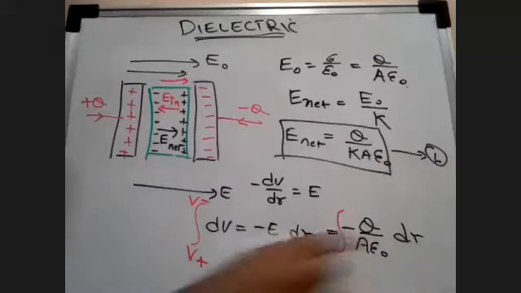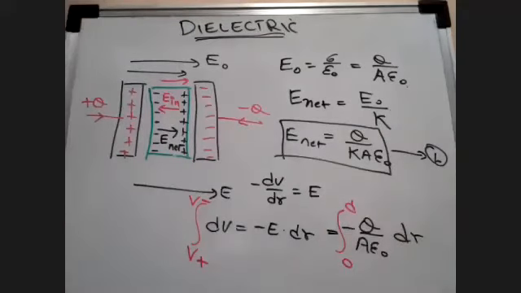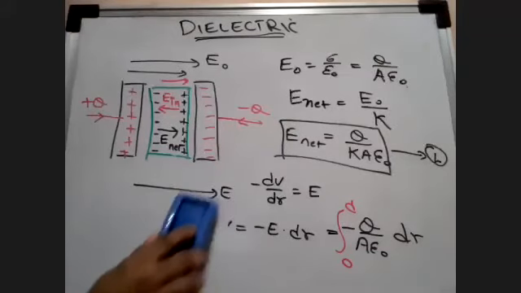The only variable here is dr, and the distance the point charge traveled was from 0 to d. If you solve this integral, what will you get?